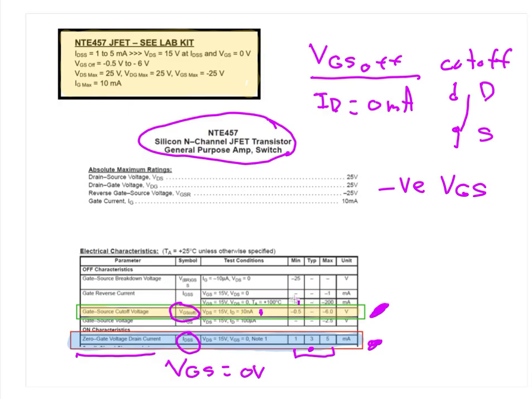Device to device, it's going to be anywhere in that range, and each JFET part number has its own upper and lower limits, and every device can fall somewhere within there. So there's a high degree of variability.